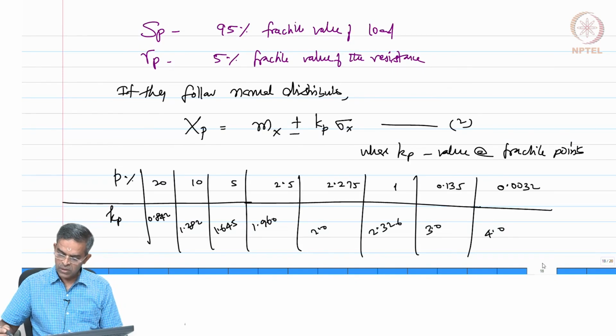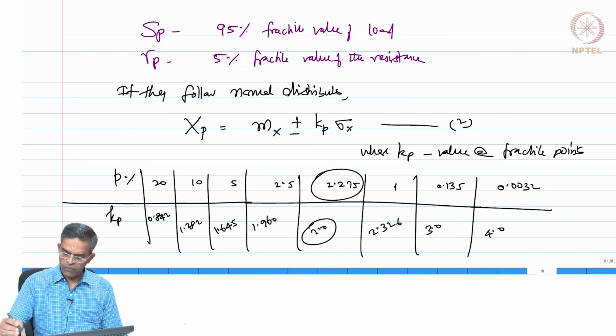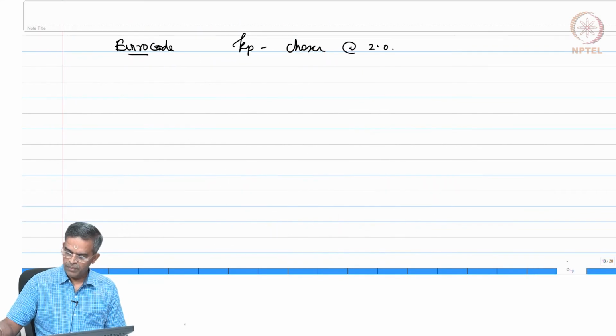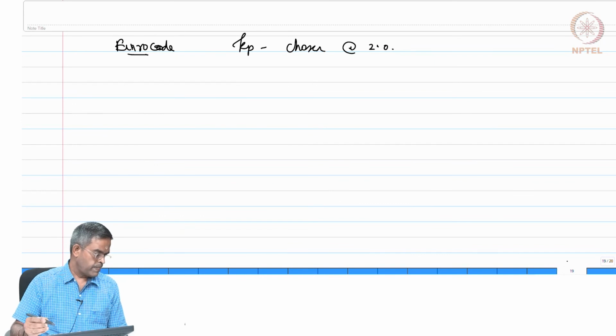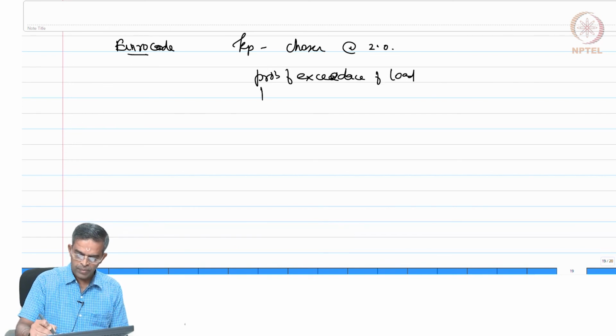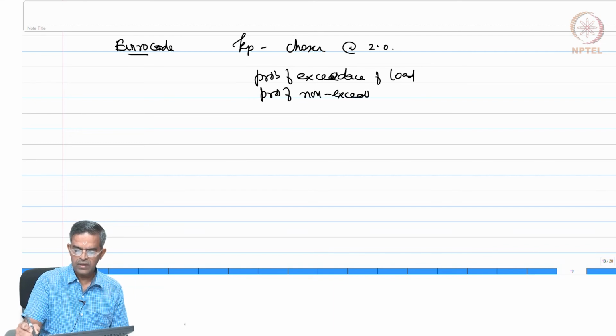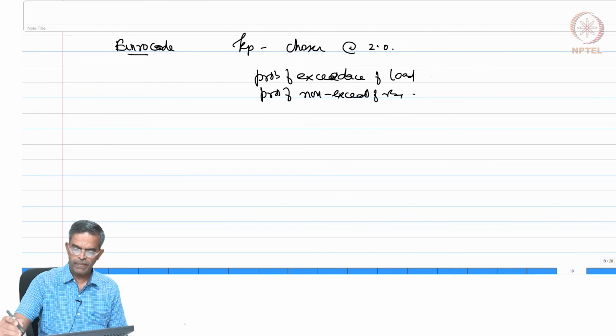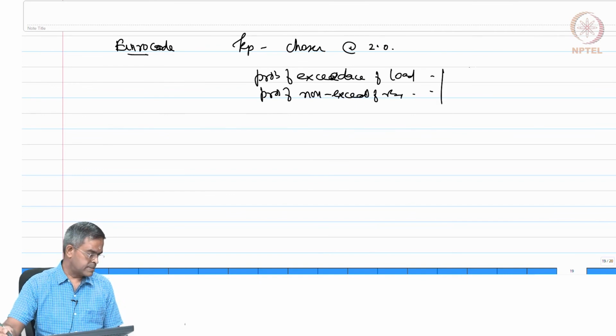If we choose corresponding to 2.0, I am looking for the probability of exceedance of load or probability of non-exceedance of resistance, okay, only as 2.275%, right, in 100.